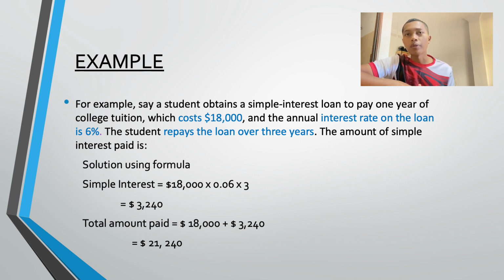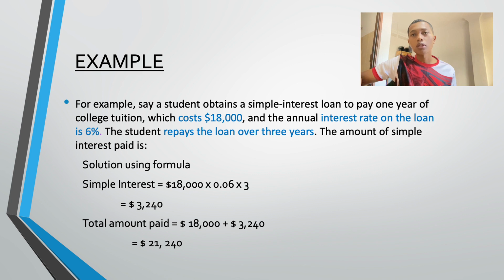The amount of simple interest paid is, so we will use all the data in the question, which is 80,000 as the principal, 0.06 or 6% as the interest rate, and 3 as the period or the year. This is the amount of the interest, which is 3,240.